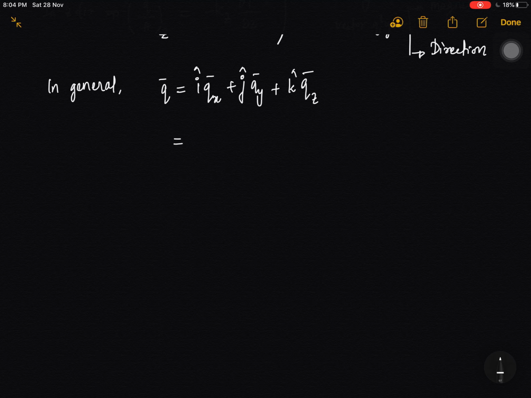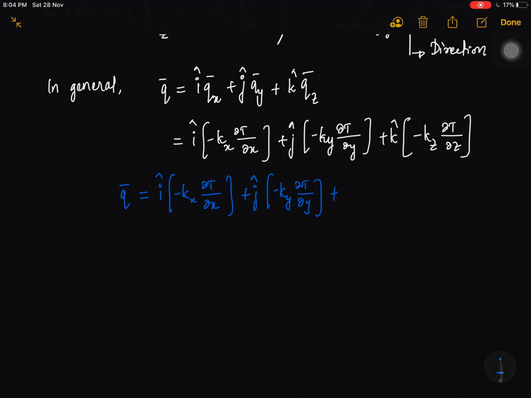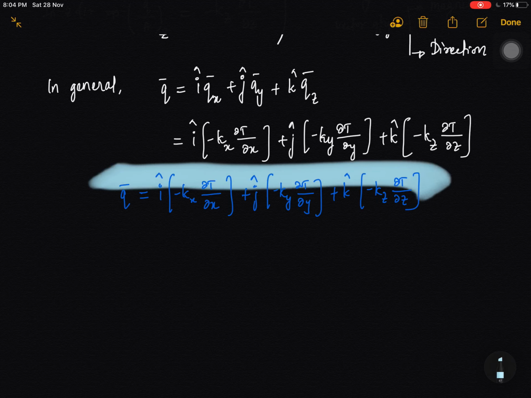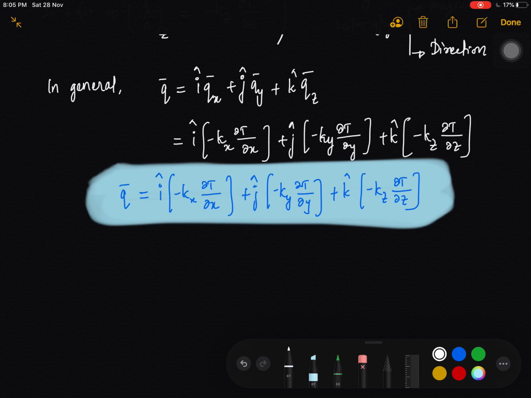Therefore, further expanding, we can write i cap into minus kx dou T by dou x plus j cap into minus ky dou T by dou y plus k cap into minus kz dou T by dou z, and this is the general form of Fourier's law.